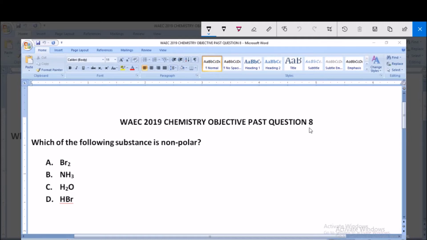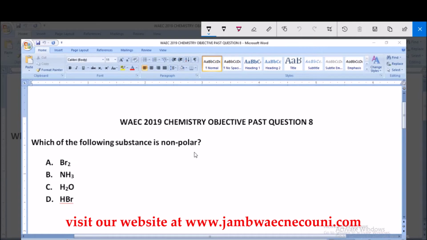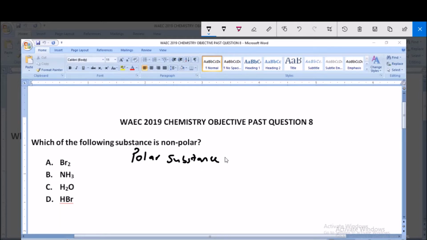Now, I will start from a polar substance. A polar substance or compound is any substance or any compound that has slight charges within that particular compound.